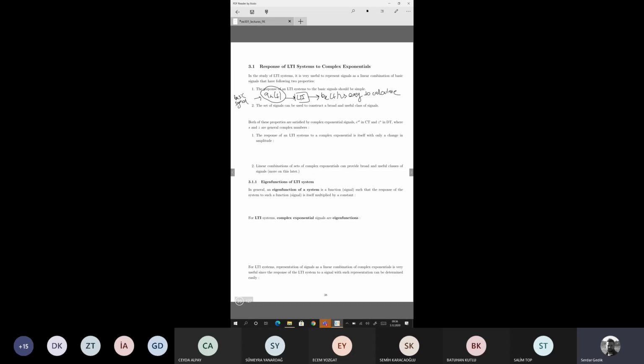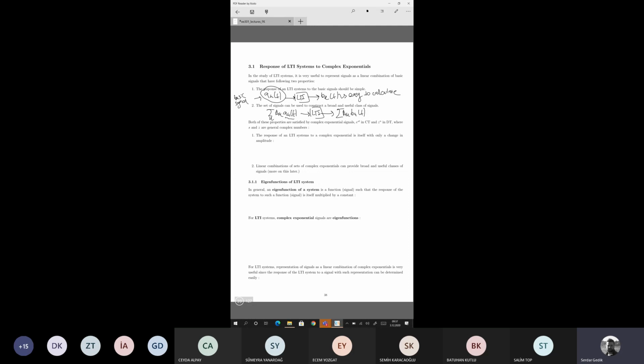Then, let's assume that I have some linear combination of these a_k(t). If this is input to my LTI system, at the output I require to have, again, the same linear combination of b_k(t). So this is what I need to have. So what is this a_k? I will try to find this simple a_k(t).